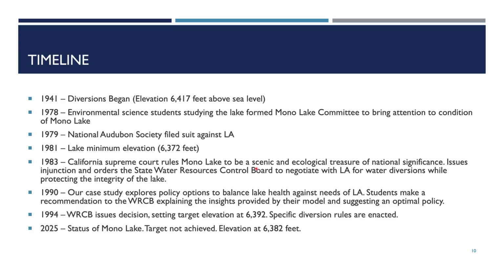After building the model, the students will review several policy proposals that were actually suggested at the time, and then they will develop their own recommendation for diversion rules, and they'll submit that to me in a report that is ostensibly to the Water Resources Control Board.